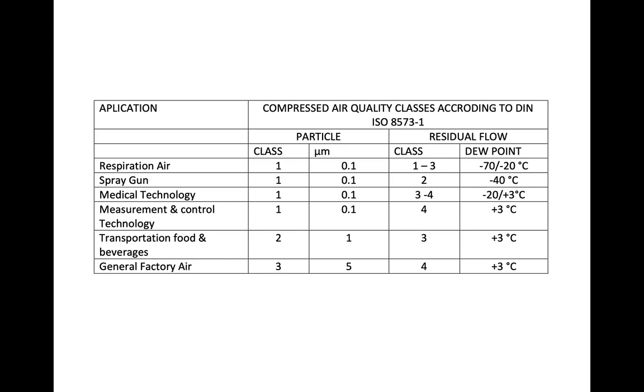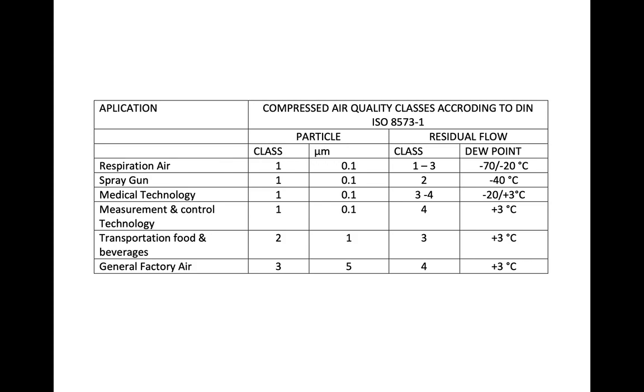But for general factory air, we require class 3, where we limit the particle size up to 5 micrometers. So in general, this application has a lower requirement than the respiration air application.